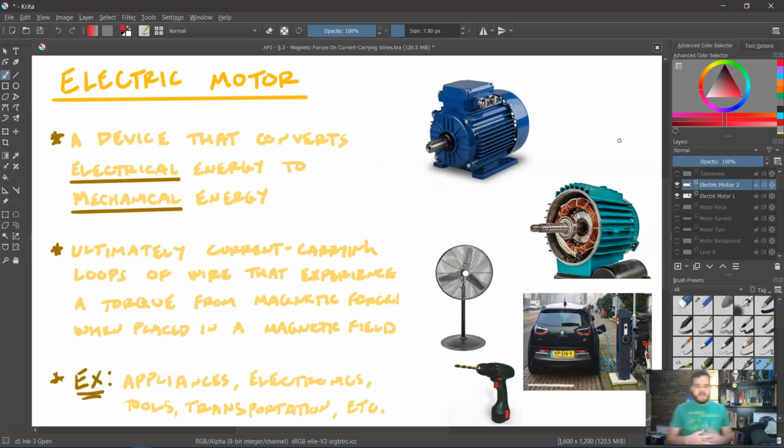Any device that has any sort of motion from the use of electricity is pretty much going to be using an electric motor. So appliances, this includes your washing machines, your dryers, your dishwashers, anything with a fan, so like a literal fan, or anything that uses a fan to cool things down, like your computer, or refrigerators or ventilations, all are using electric motors.